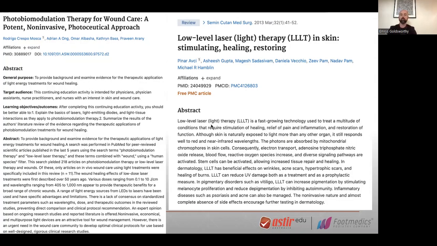Now, the other one, this paper on the right talks about low-level laser specifically. So in it, that it's consequent electron transport, ATP, nitric oxide release. We talked about that in week 1. Blood flow increases, reactive oxygen species increase, diverse signaling pathways are also activated. Most of this is all about increasing repair rates.